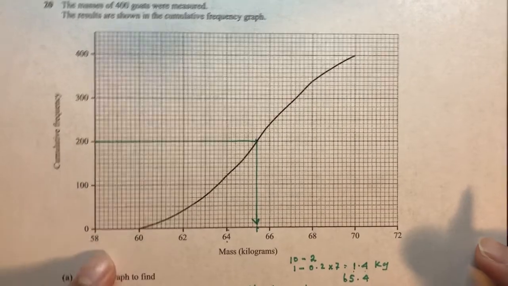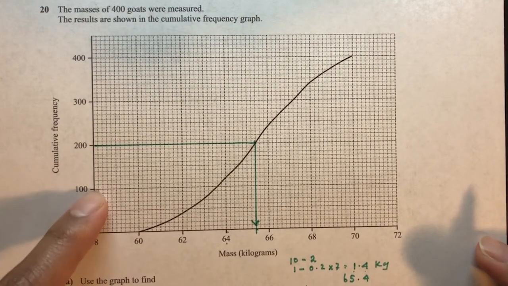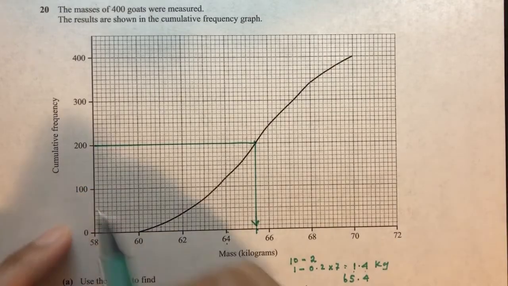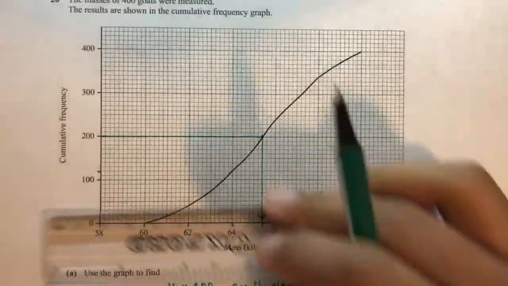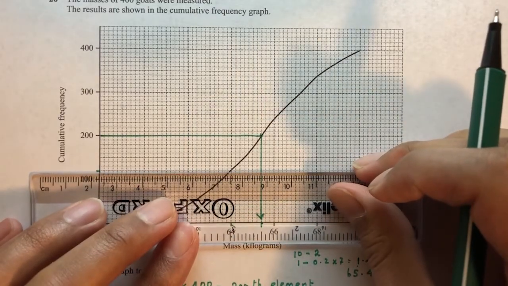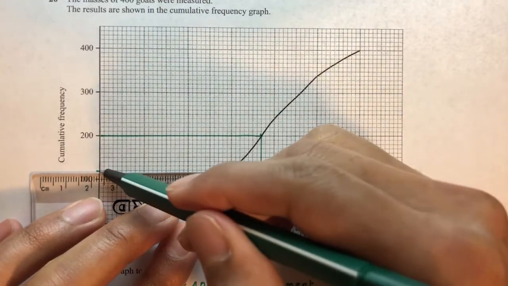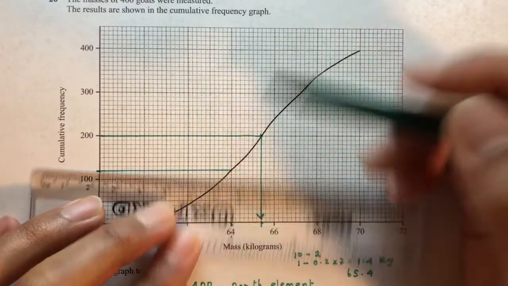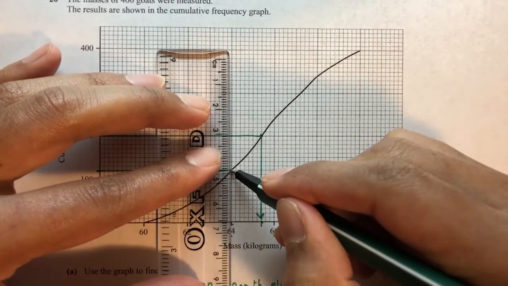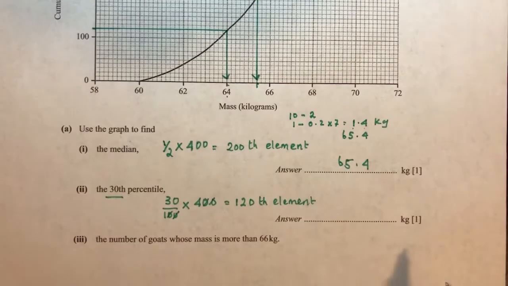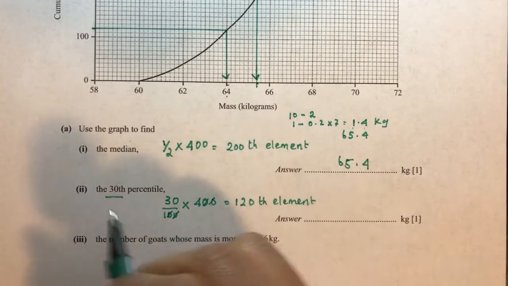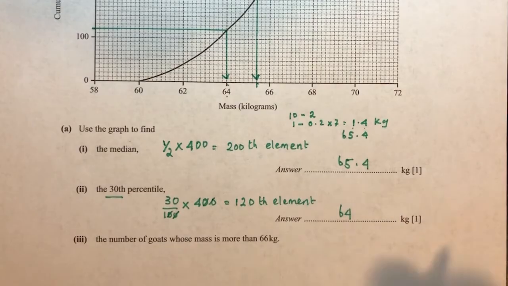So this is 100, so every square is 10, so that will be 110 and 120 will be here. So let's draw a line to cut the curve and find the value for the mass. The value will be 64. So part 2, the 30th percentile is 64 kilograms.